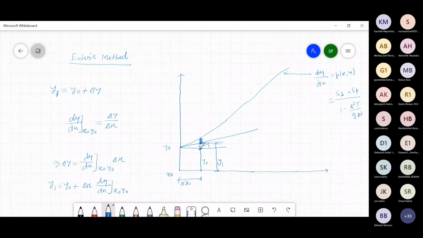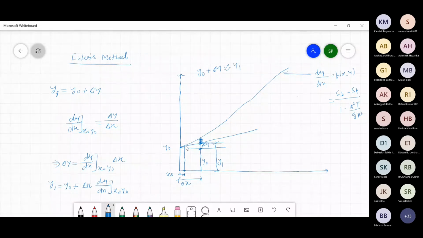If this delta x is very small, now I am considering the delta x to be very small, suppose, then your ignored value is less, isn't it? Then at this point you can say that y0 plus delta y is approximately equal to y1.